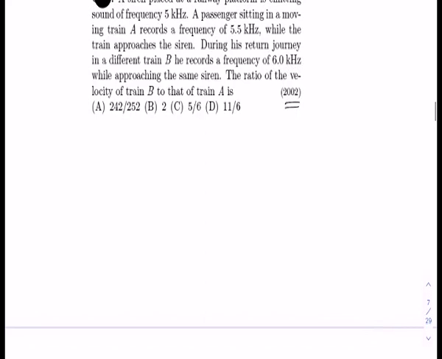So let us do it. First of all, let us just understand it pictorially. So what is happening is, say this is my train A approaching this platform here. Say this is the platform, and in this platform this siren is emitting sound at frequency 5 kilohertz.